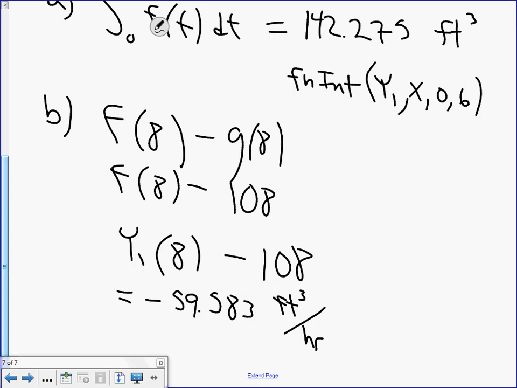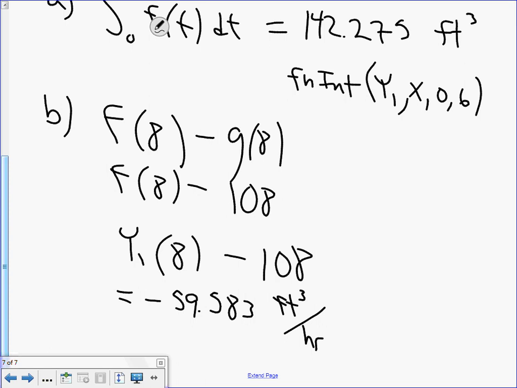Now, here's the part where I remember the kids cried. Let h of t represent the total amount of snow in cubic feet that Janet has removed from the driveway at time t hours after midnight. Express this function h as a piecewise defined function, domain times going from 0 to 9.